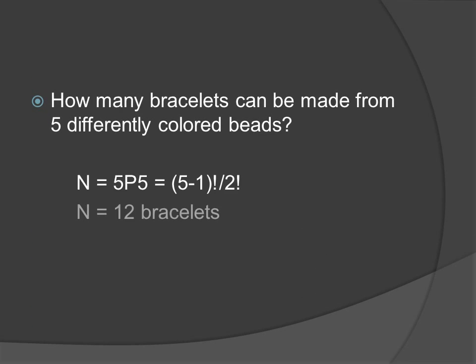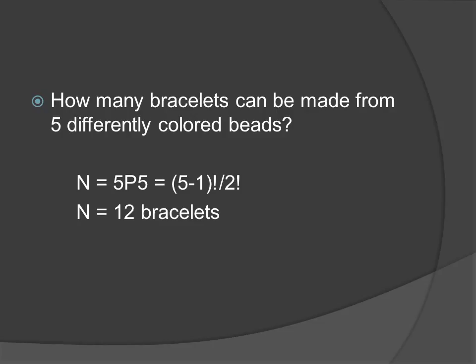The last example is how many bracelets can be made from 5 differently colored beads. We use the second formula of circular permutation, because the second case states the total number of permutations with reflection symmetry, such as bracelets, and in this example we will find the number of bracelets formed.